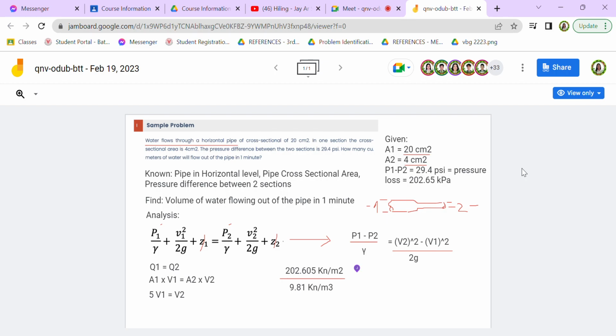Is equivalent to V2 squared, where V2 is equivalent to 5V1. So 5V1 squared. We'll need to substitute the value of 5V1 into V2 in the equation. So (5V1) squared minus V1 squared divided by 2 times 9.81 meter per second squared.